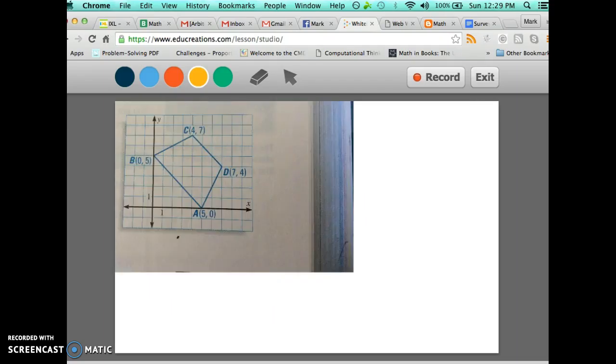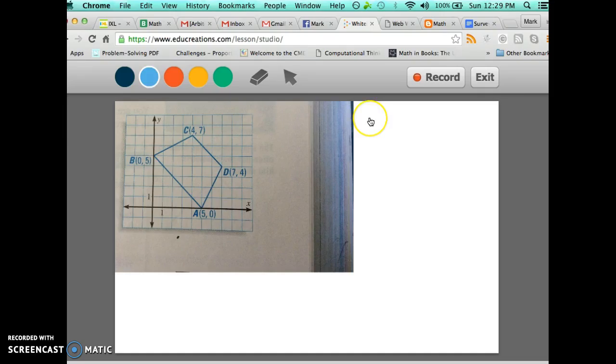Okay, next example asks us to figure out if this is a trapezoid. Well, or show that it is a trapezoid. Well, we have to show that there's one pair of parallel sides. So we check the slopes.